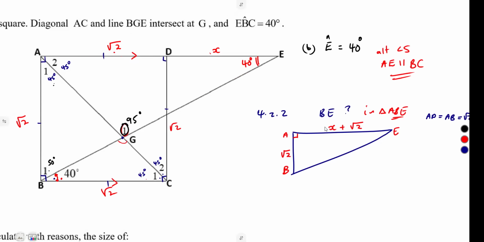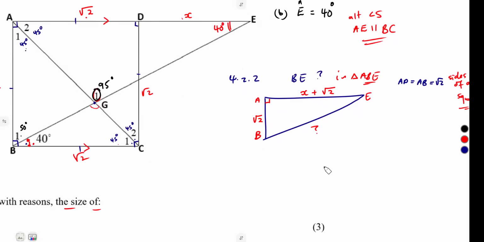So the question is to find BE. In a right angle triangle, guys, BE is simply the hypotenuse. So from our Pythagoras theorem, the hypotenuse squared is equal to the sum of the squares of the shorter sides, AB squared plus AE squared in this triangle ABE.